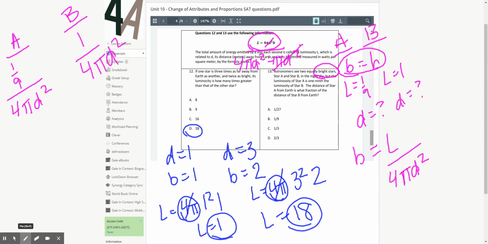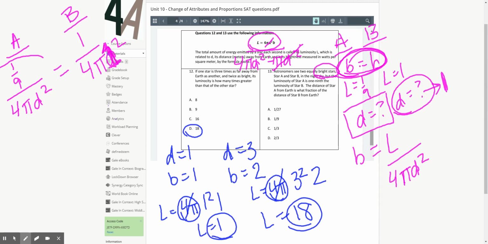If I make this one 1, because I'm looking for the distance of star A from Earth, what fraction? So if I'm looking for the distance of A, I can make the distance of B 1. So we'll make this a 1 right here. And because the brightnesses are equal, we can set these equal to each other.